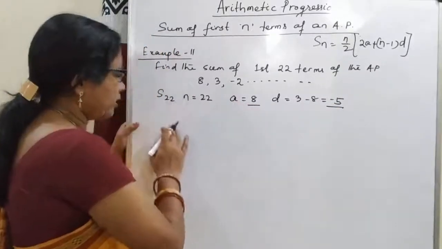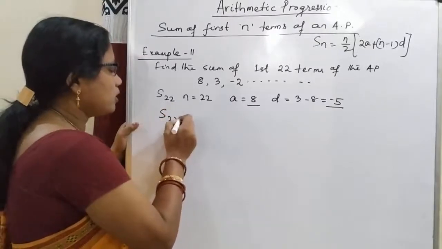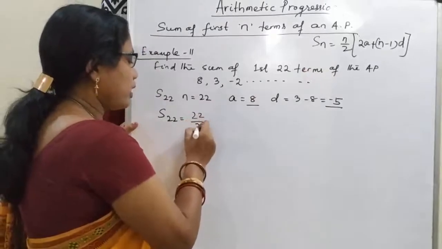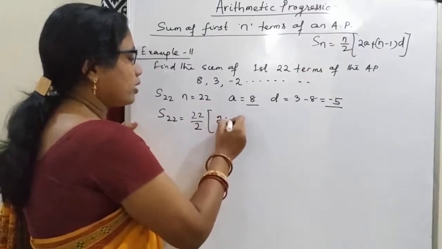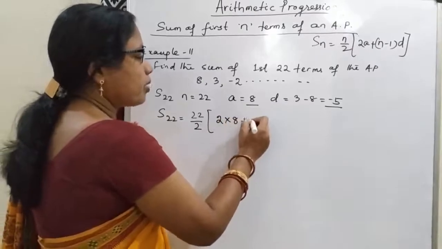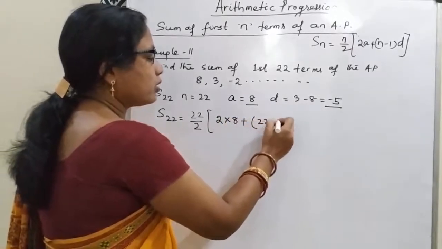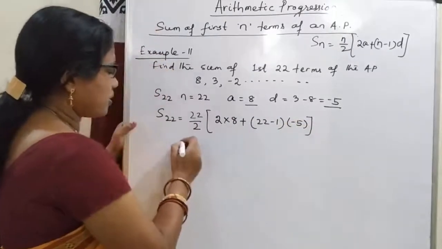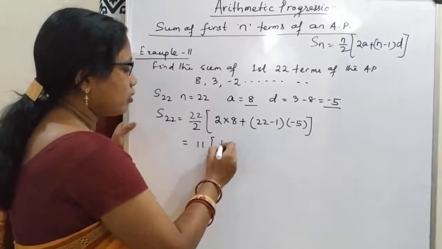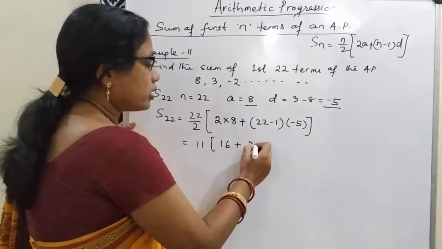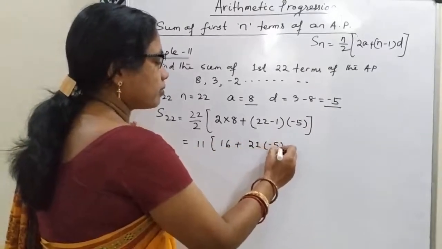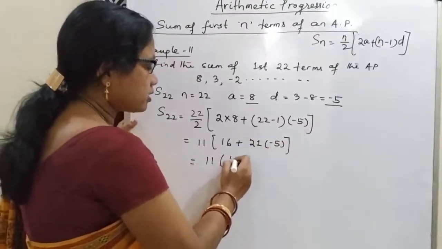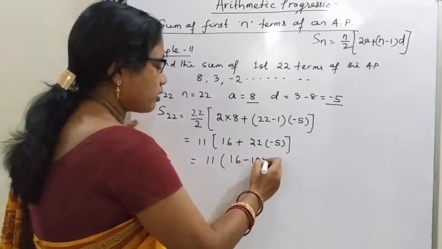We will use these values to find S22. So S22 is equal to, according to this formula, n by 2, 22 by 2 whole into 2a, 2 into 8 plus (n minus 1), 22 minus 1 into d, minus 5. So this is equal to 11 whole into (16 plus 21 multiplied by minus 5). So this is equal to 11 multiplied by (16 minus 105).